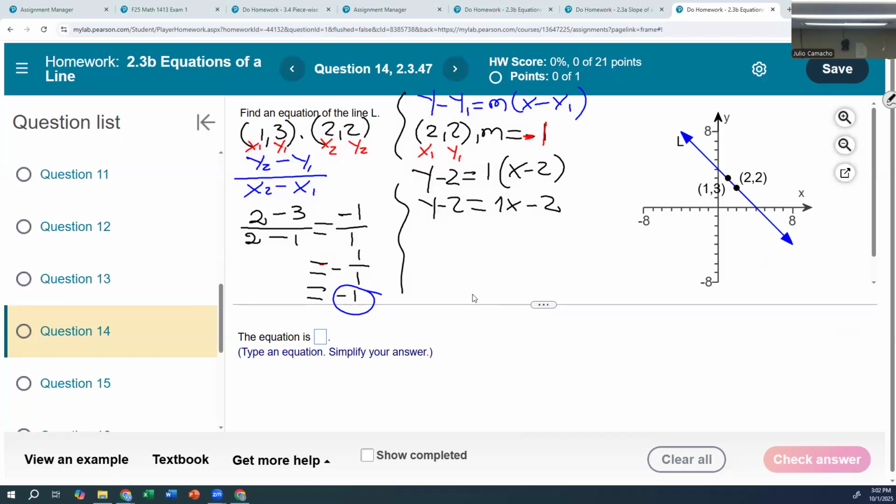Then I have to add 2 to both sides, so that y is equal to negative 1x plus 0, because positive 2 and negative 2 will be 0.